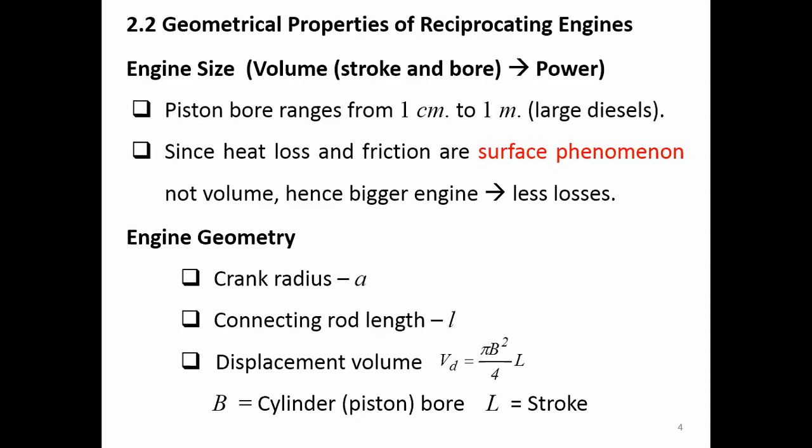The ratio of the volume increase is higher than the ratio of the surface increase. And this is the reason why, if you go for a bigger engine, you can expect less losses in terms of comparison. Okay, get it for this sentence?